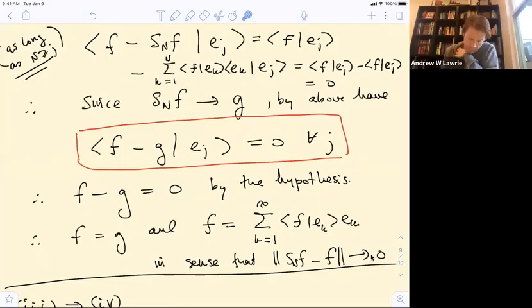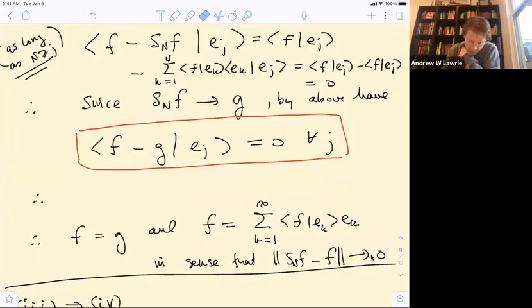Maybe I'll just erase. I kind of wrote the same thing twice down here, so I'm going to erase that line and do that step real quick.